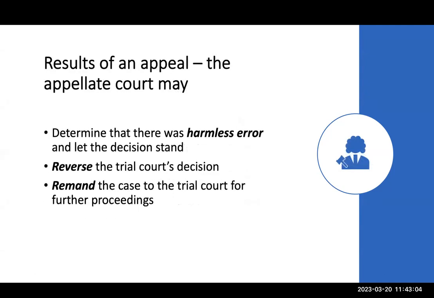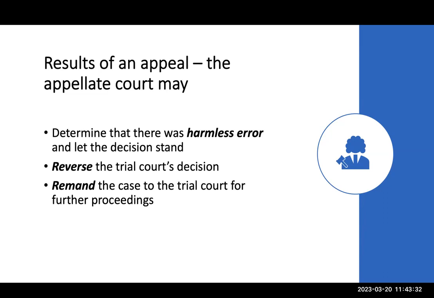When the appellate court makes their decision, they can either uphold the trial court's ruling. This happens in well over 90% of all appeals. Alternatively, they might find an error, but hold that the error was so minor as to be harmless, and therefore uphold the ruling of the trial court, or they may reverse the trial court's decision.